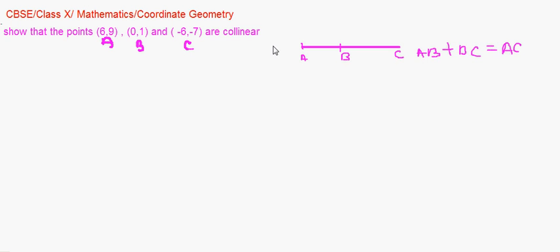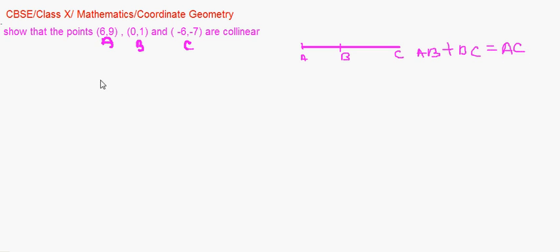Later, when we move on to learning more on coordinate geometry, we can also use the area of the triangle formula to find whether these are collinear or non-collinear. But for the time being, we will be applying the distance formula. To do so, we take up AB plus BC equal to AC.